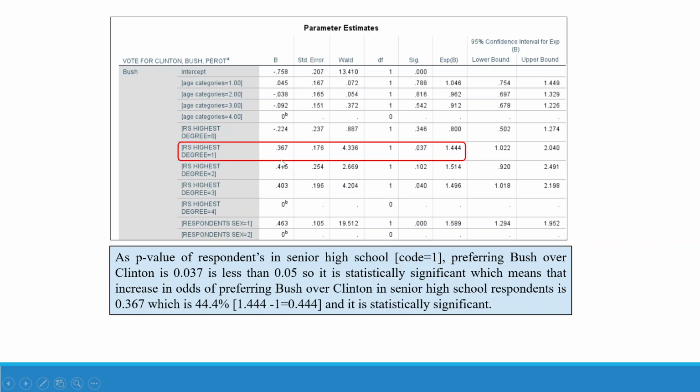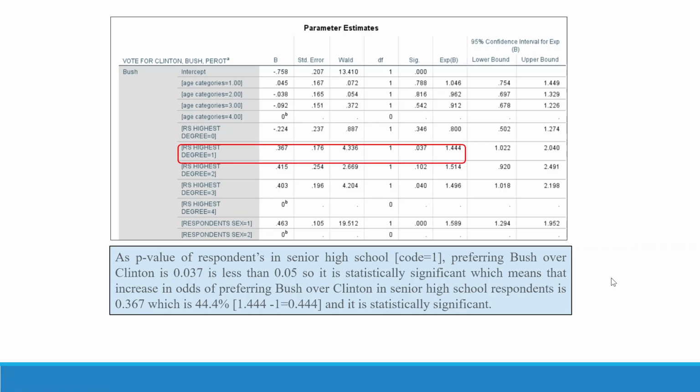It means that the respondents in senior high school prefer Bush over Clinton because this number is positive. So the increase in odds of preferring Bush over Clinton in senior high school respondents is 0.367, which is 1.44 minus 1, which is 0.44, into 100. So it is 44.4%, and it is statistically significant.